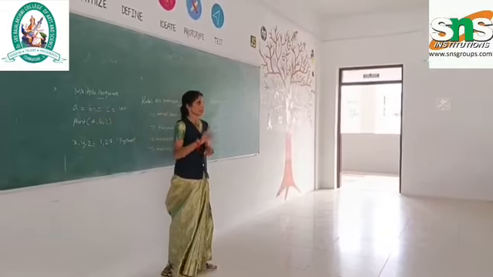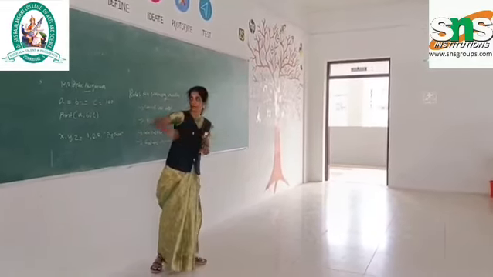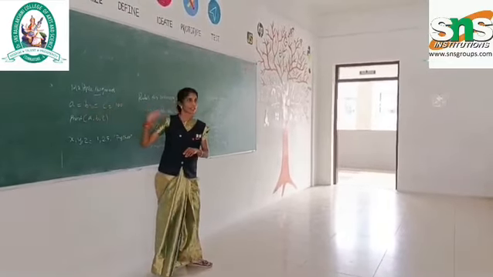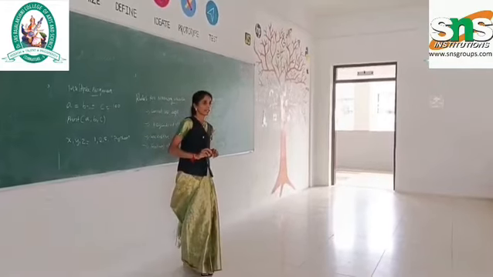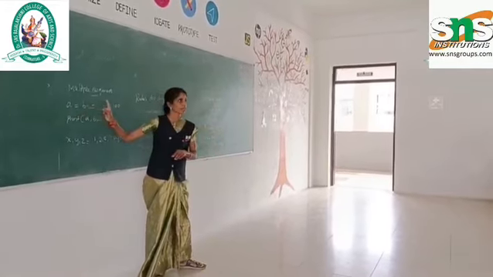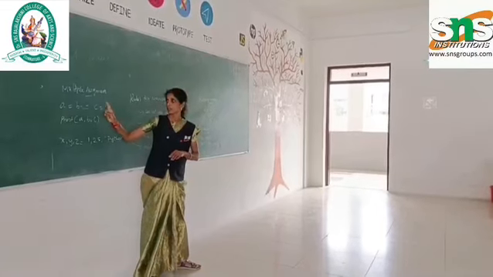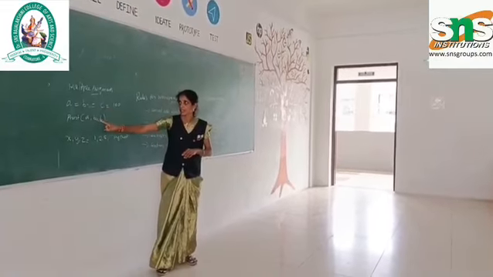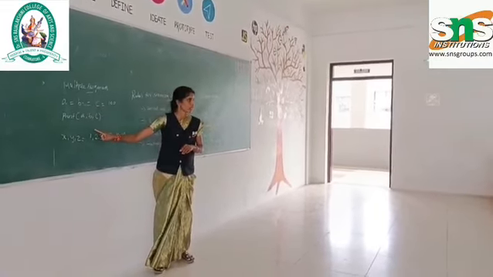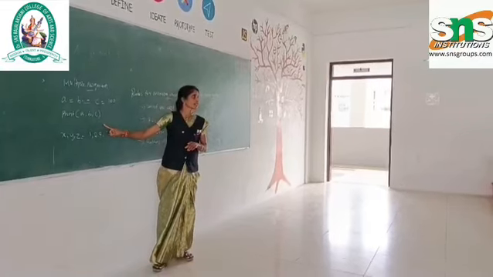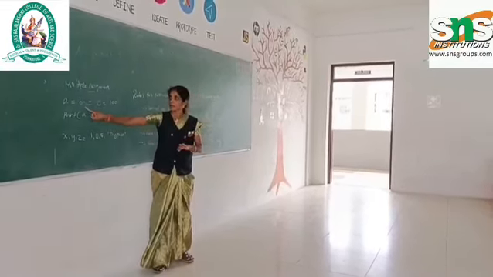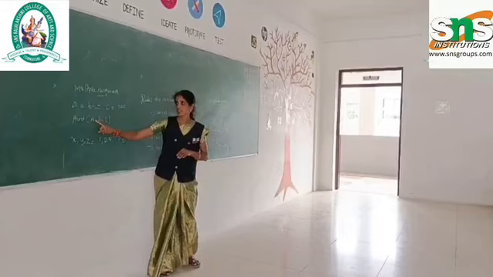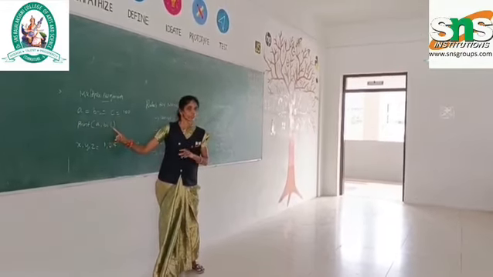If you want to assign a common value to different variables, we can follow the syntax A equal to B equal to C equal to 100. The meaning of this line is that these 3 variables share the same value, 100. If you print A, B, and C, the result will be 100, 100, 100, because the value of A is 100, B is 100, and C is 100.